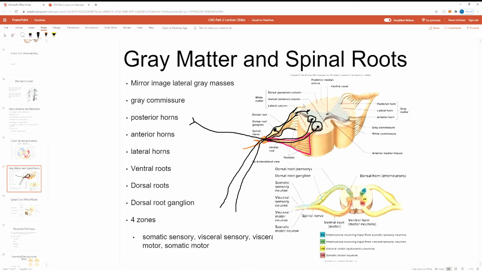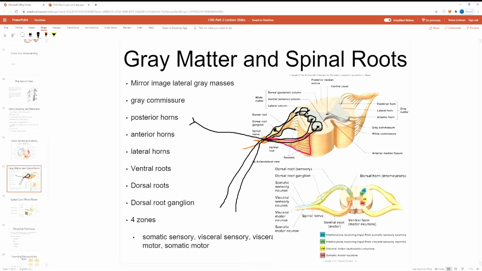But we did not differentiate the dorsal horn into two sections. So technically this more posterior part of the dorsal horn is somatosensory, or somatic sensory. So pain, temperature, light touch, vibration, deep touch, from skin, muscle, joints, ligaments, that kind of thing.